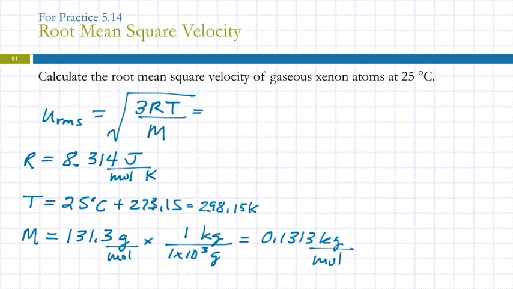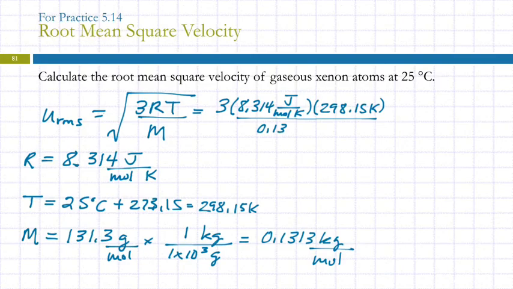So let's put all this in here. So we've got the number 3 times 8.314 joules per mole Kelvin times 298.15 Kelvin divided by 0.1313 kilograms per mole. And it's the square root of the whole thing. So we can do the numbers.